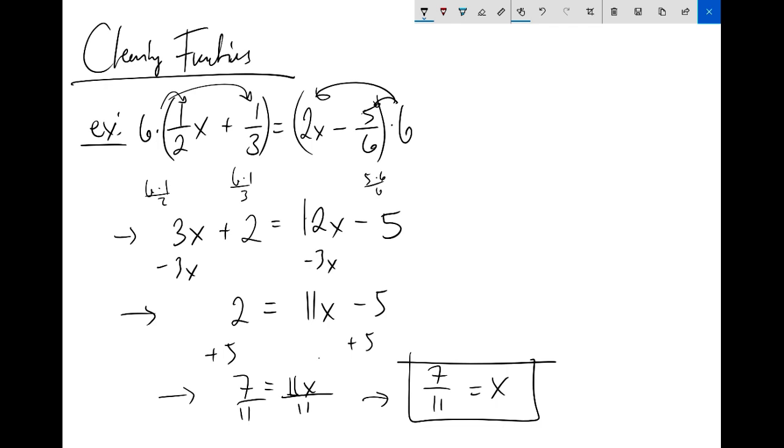What questions do you have on that one? Any questions? Okay. Isn't it 9? Oh yeah, yeah. So 12x minus 3x should be 9x. 9x divided by 9.